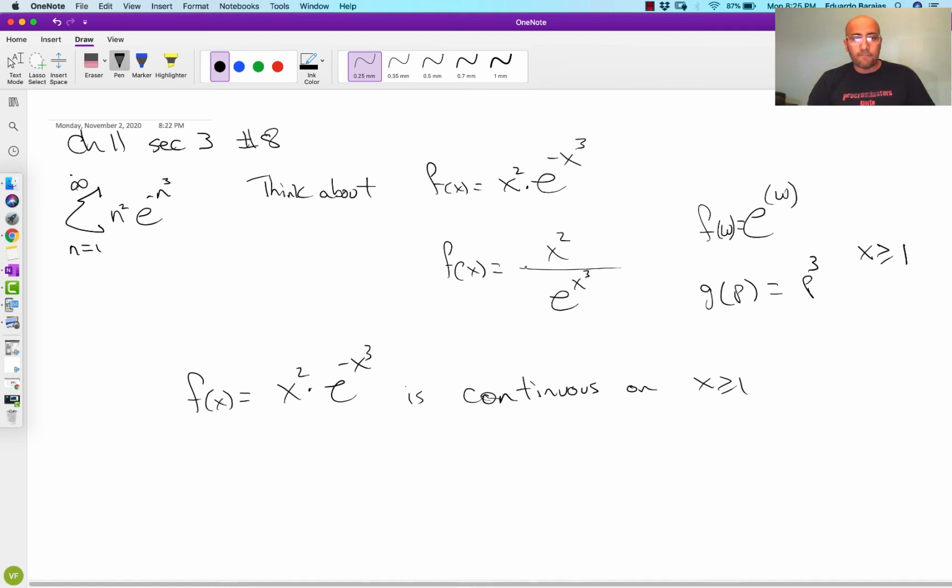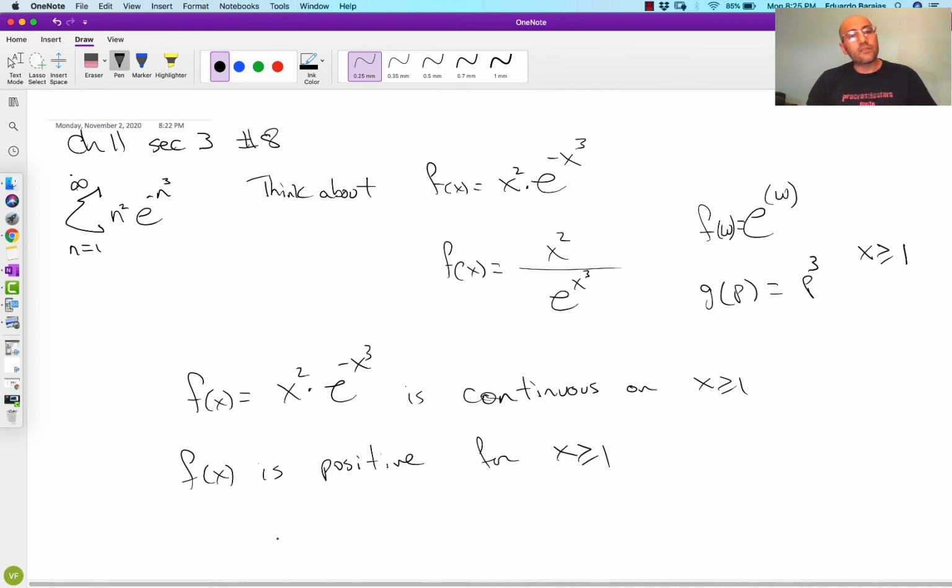Well, going back to this again, x cubed is always going to be positive. E to the power of something that's always positive is also positive. And x squared is positive, so the whole thing is always positive, right? So f of x, I know, is positive for x greater than or equal to 1.